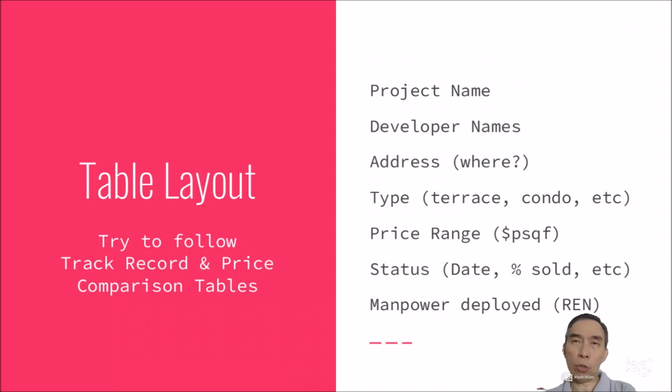Of course, in the pricing comparison, you have to be careful, don't compare different product types. Price range, likely this is provided also. If you can take it from a third-party database, the price range is given. Status, important to put down your status, because as in track record, you have to say which month, if you can, which month to which month.